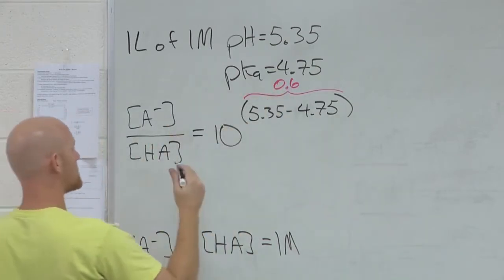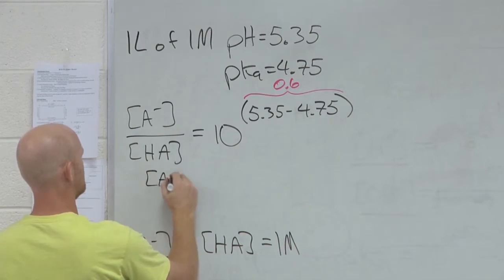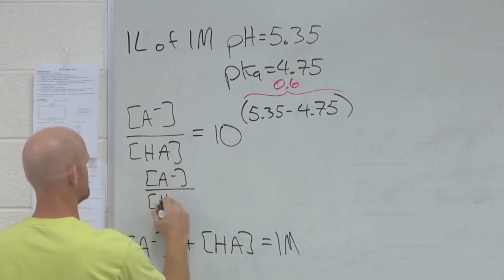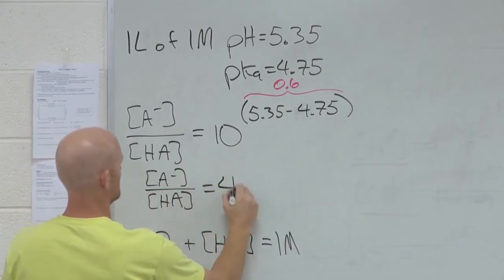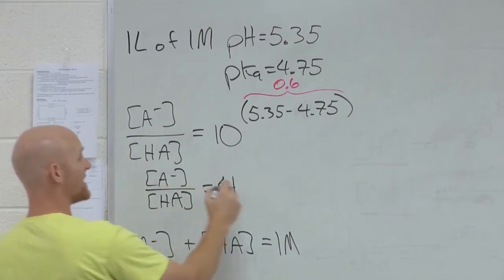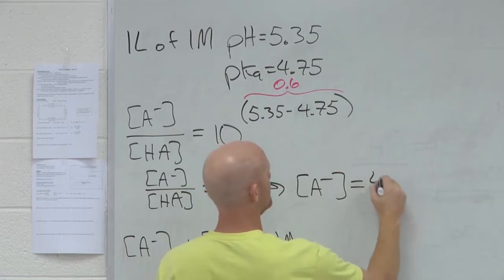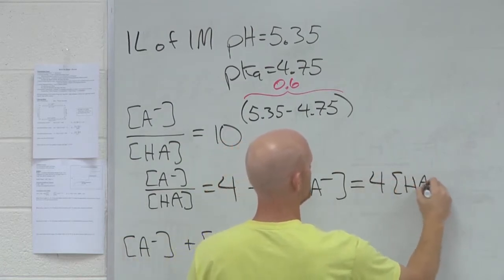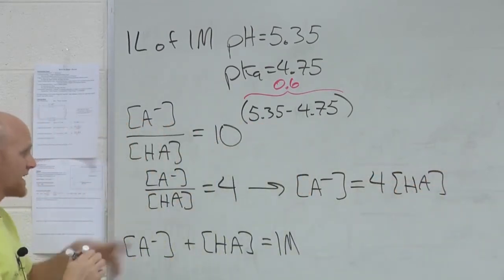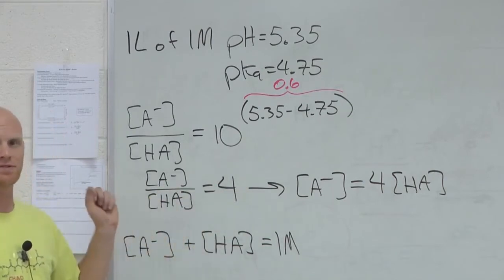So this 10 to the 0.6 is 4. So A minus over HA equals 4. And from that equation, I'm going to rearrange and solve for A minus and say that A minus equals 4 times HA. Just bringing HA up to the other side, multiplying by HA on both sides.